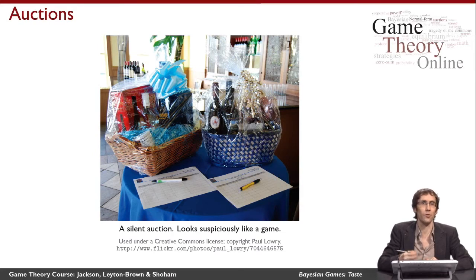And presumably you don't write down a number that is worth more than the gift basket is worth to you. At the end, if you have the highest number, you win the gift basket. You realize an amount of utility, which depends on how good the gift basket is from your point of view. And you pay whatever amount it is that you wrote down on the piece of paper, which is presumably less. And you get the difference as your utility for having played the game.